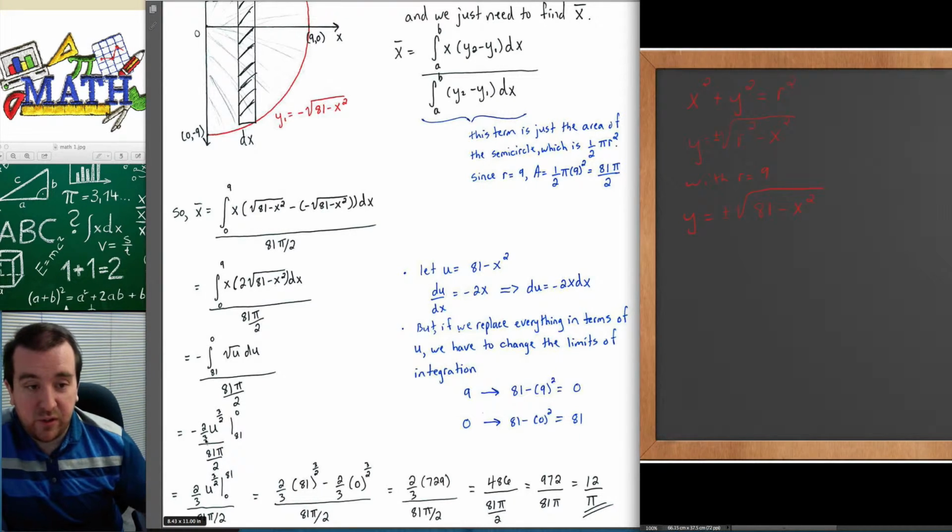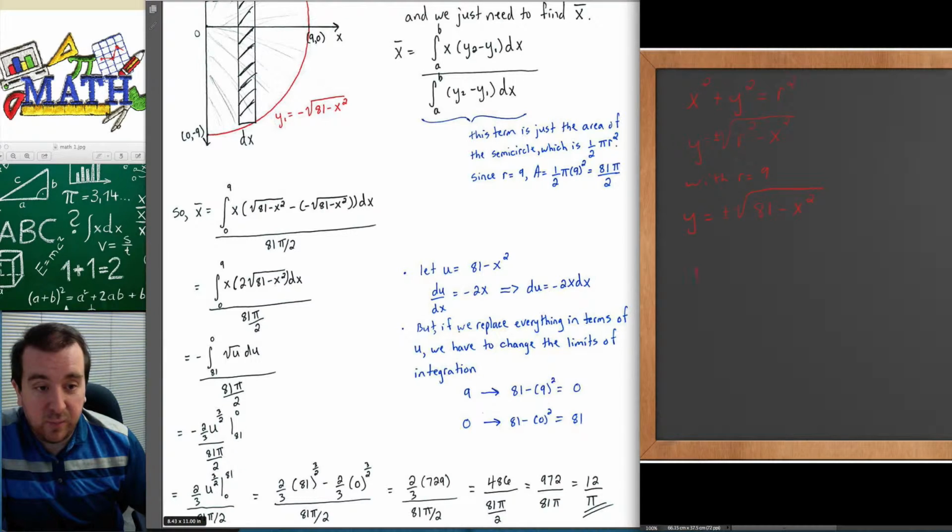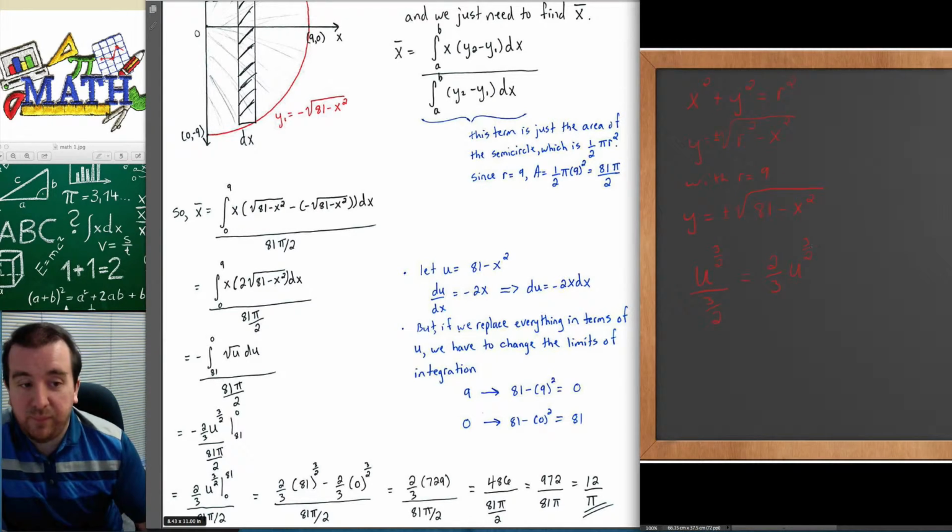Just to remind you of that again: if my result of integrating is u to the 3 over 2 over 3 over 2, it's much easier to write that as 2/3 u to the power of 3 over 2. It's easier to work with that way.